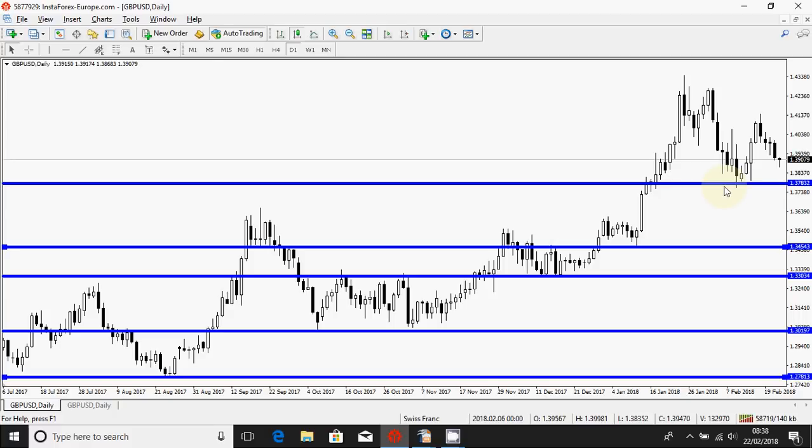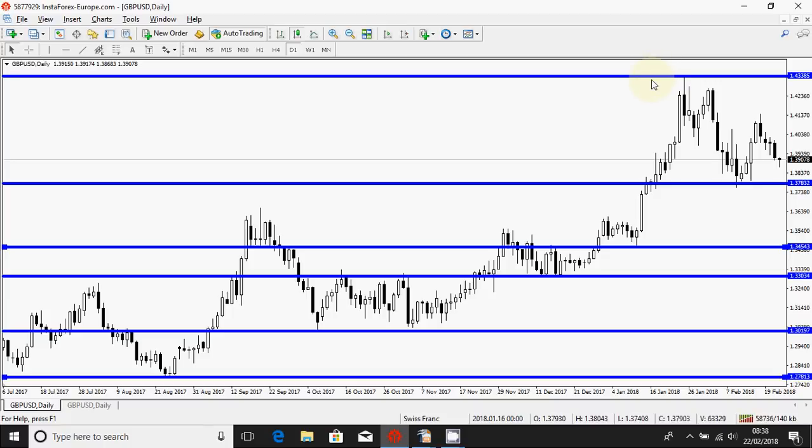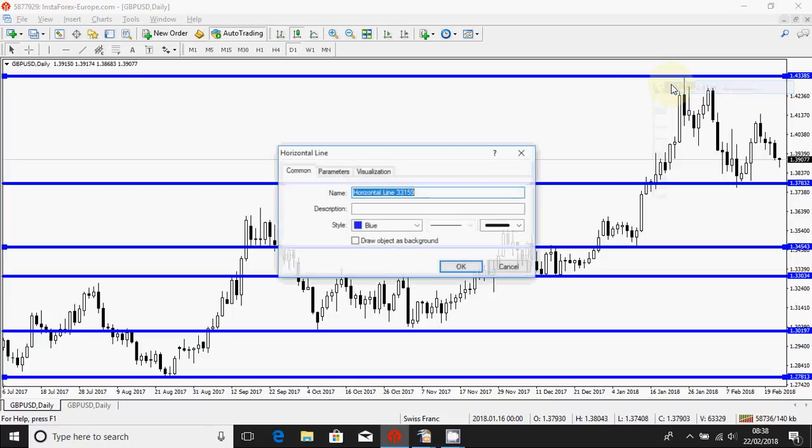What about resistance? Resistance is a level where price finds it hard to break through, to break above until it fails. Let's try to identify those areas. Now let's change the color to red this time.